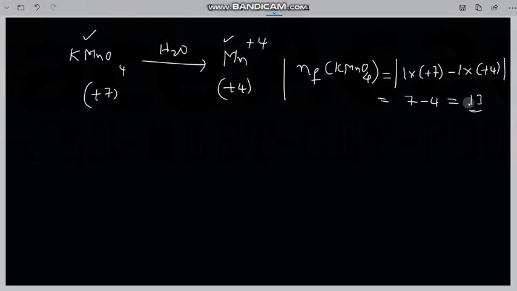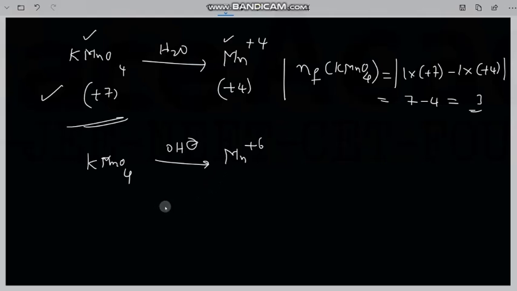So this is very clear. If you know the oxidation state of manganese in KMnO4 on both sides, then you can easily calculate it. Similarly, take KMnO4 in another reaction which changes to Mn +6 in a basic medium, in the presence of OH minus.